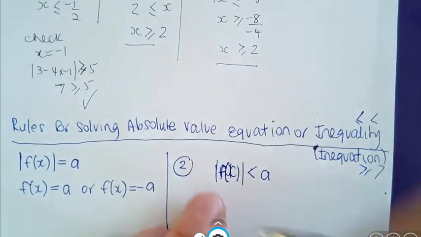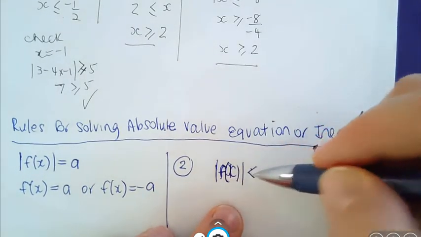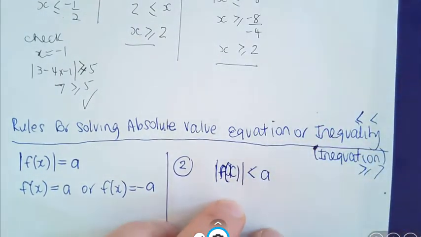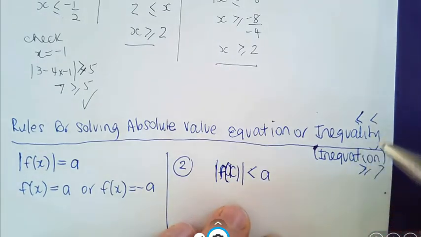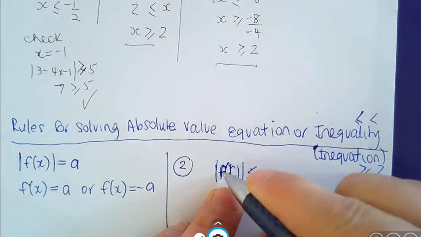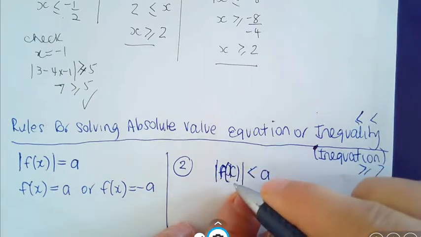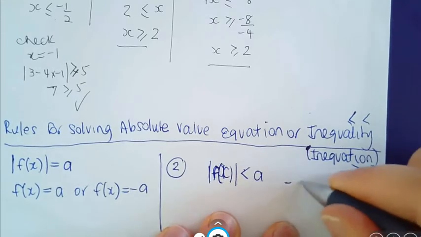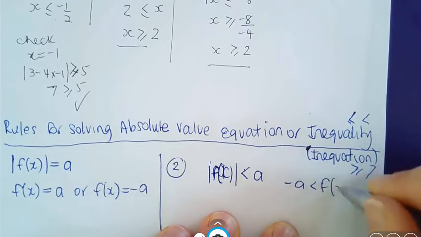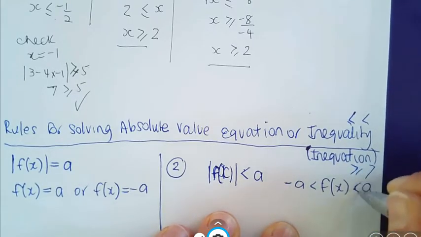So if this is absolute value of function of x, and I ask you to solve that less than A, how do you write this out? The distance of the absolute value function from the origin is less than A. It's this type. You write this out.